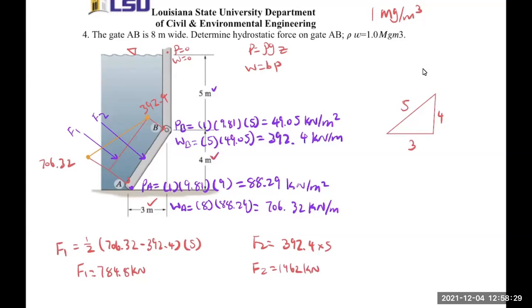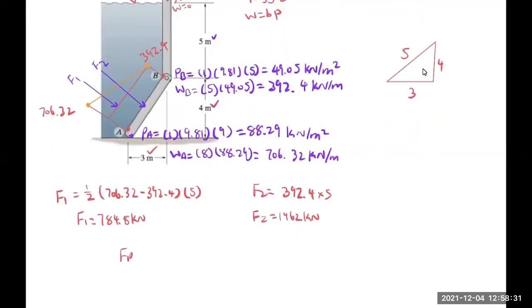And then the resulting hydrostatic force will be simply F1 plus F2, and we're going to get 2,746.8 kilonewtons.